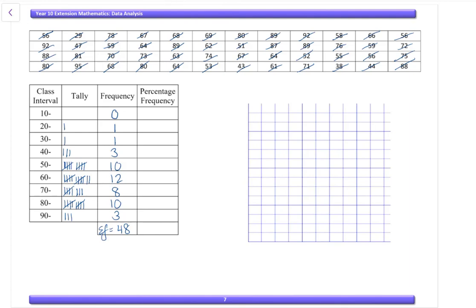Now to do the percentage frequency, that's going to be our frequency divided by our total frequency. So for 0 it's going to be 0%, it's pretty straightforward. This one's going to be 1 over 48 times by 100. So you're converting those frequencies into percentages. Do those on your calculators and I recommend rounding to the nearest percent.